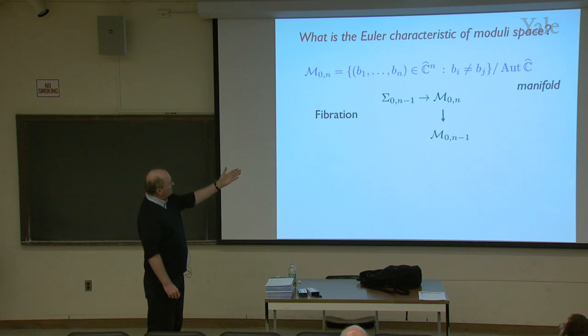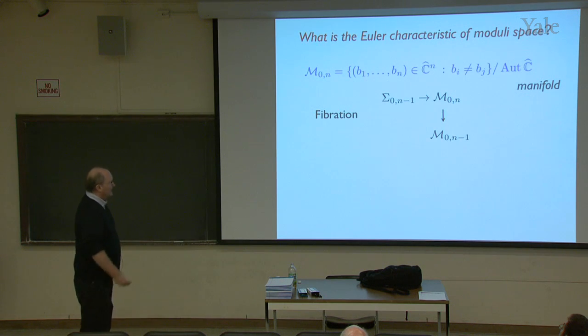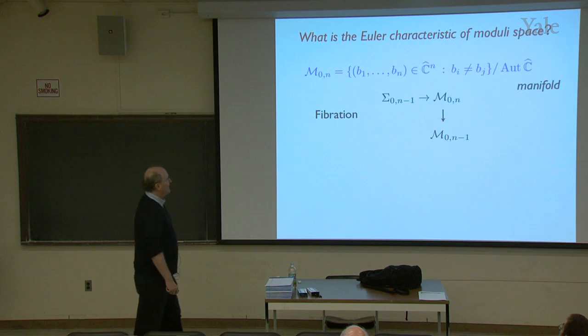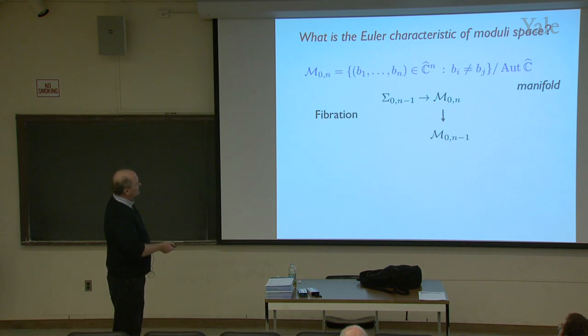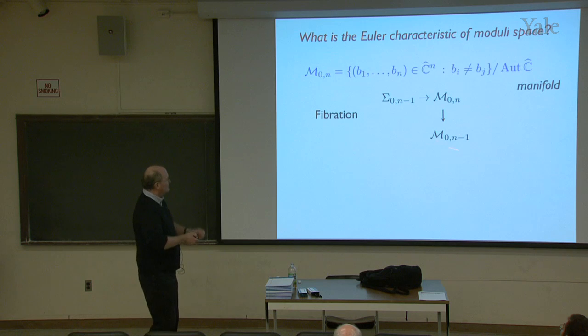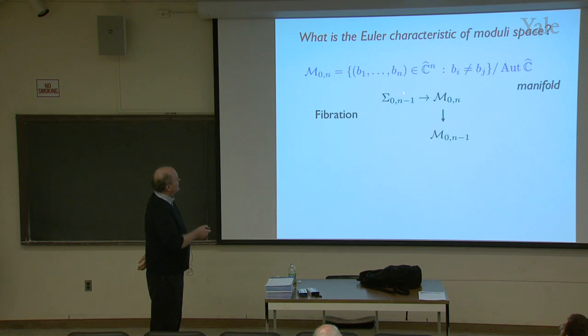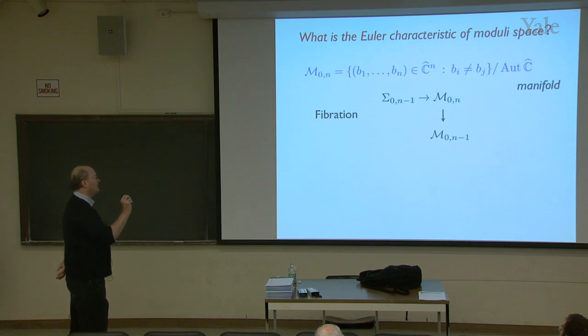So there's a forgetful map. If you have n marked points, then you can just throw away the last one. Then you have n minus 1 marked points. And that presents the moduli space as a fiber bundle over a moduli space of smaller dimension. And the fiber is just a surface of genus 0 with n minus 1 points removed, so punctured at n minus 1 points.